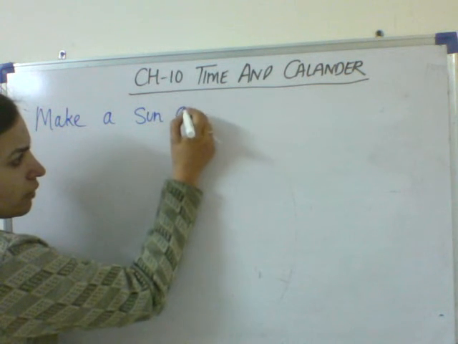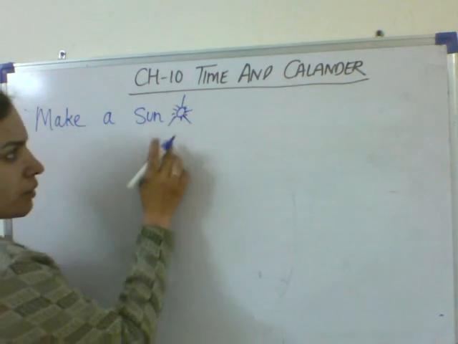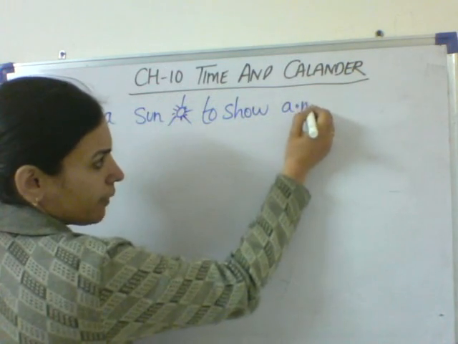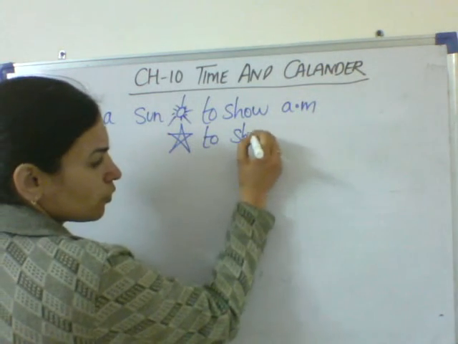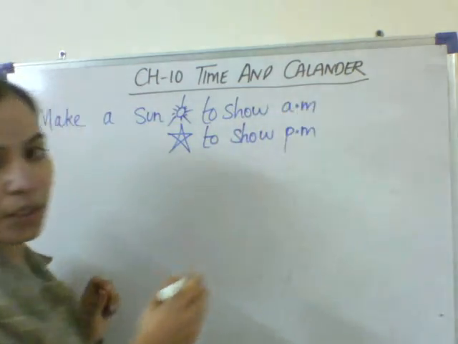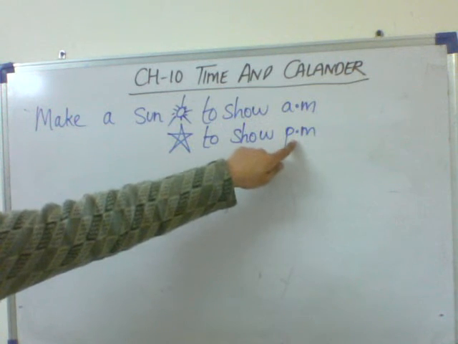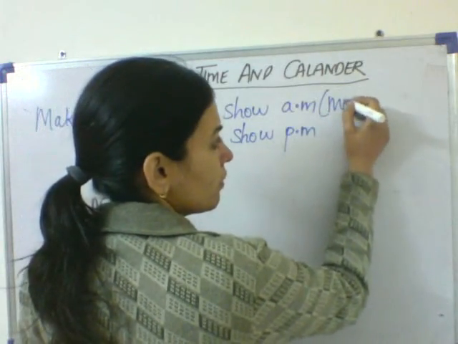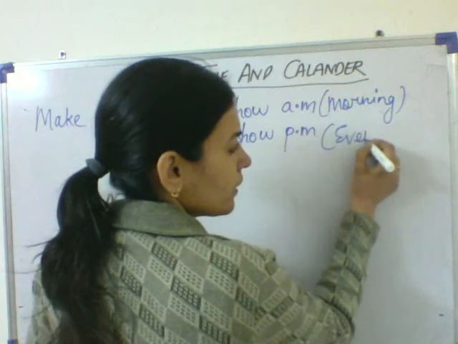This is the sun. In order to show AM, you have to make a sun, and a star to show PM. AM means it is in the morning, in the daytime, and PM means it is in the evening, at the night.